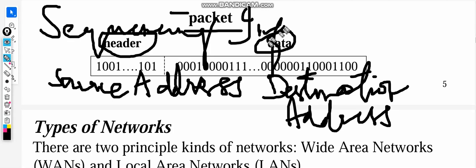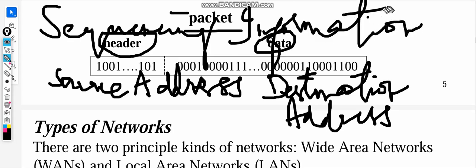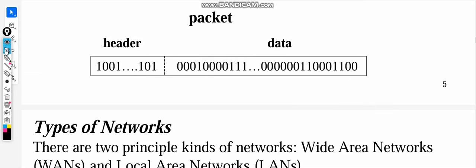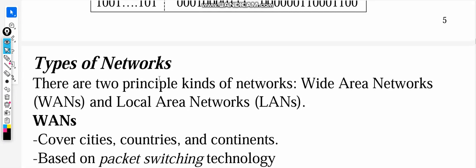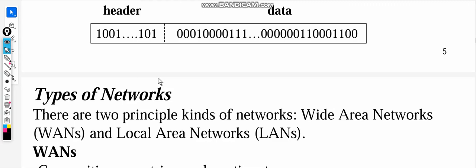Sequencing information is necessary to reassemble the data at the destination.